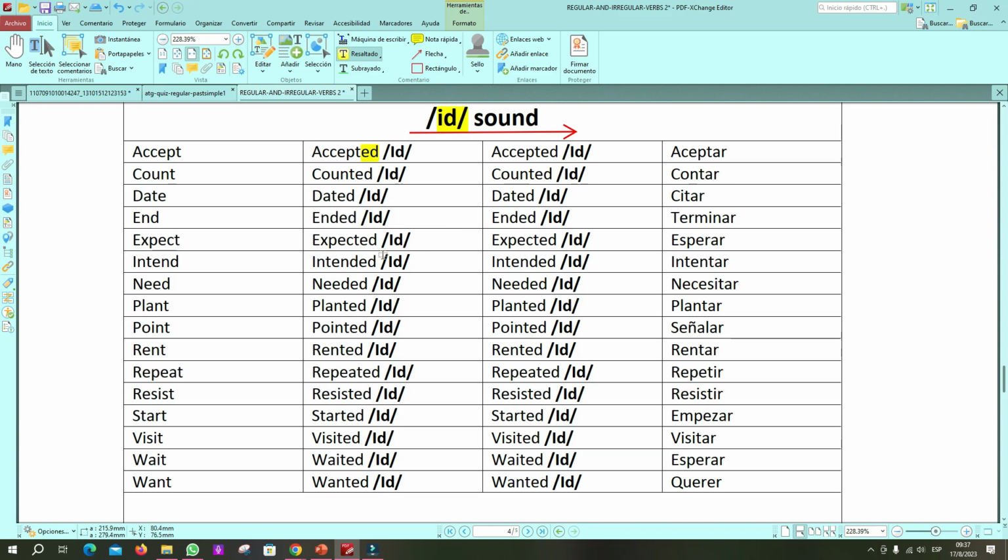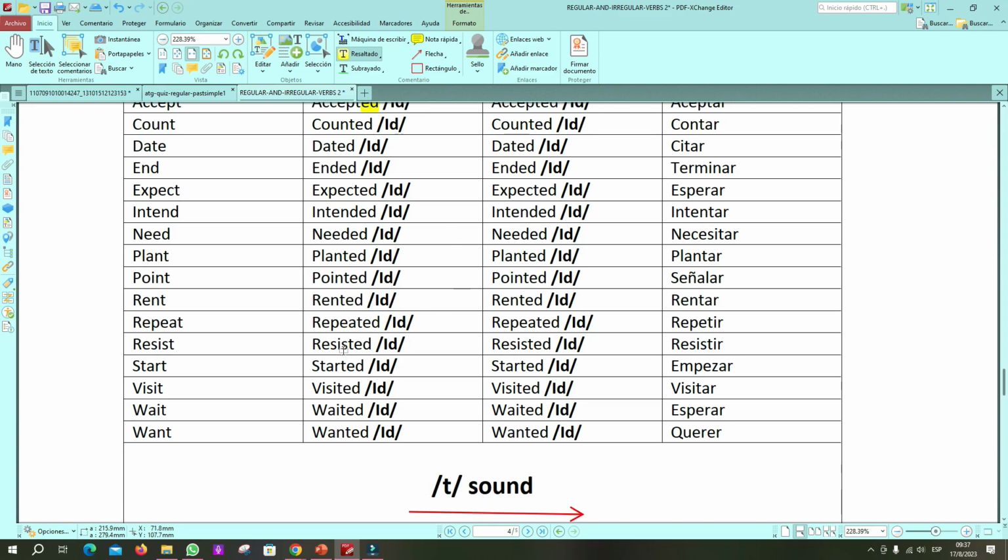Intended, needed, planted, pointed, rented, repeated, resisted, studied, visited, waited, wanted. Excellent. Very good. So that is the ED sound, right?